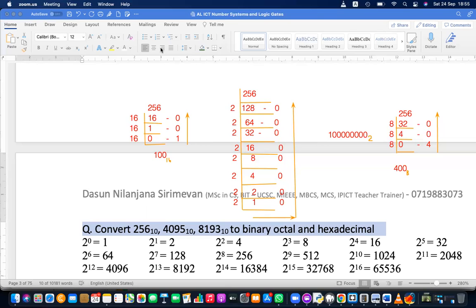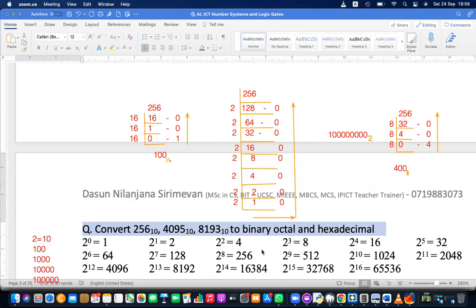And there is a trick also. When it is 2 to the power 8, you can write 1 and 8 zeros. Because 2 to the power 1 is 2, and 2 is 1 0 in binary. 2 to the power 2 is 1 0 0, that is 4. 2 to the power 3 is 1 and 3 zeros. 2 to the power 4 is 1 and 4 zeros. 2 to the power 5 is 1 and 5 zeros.